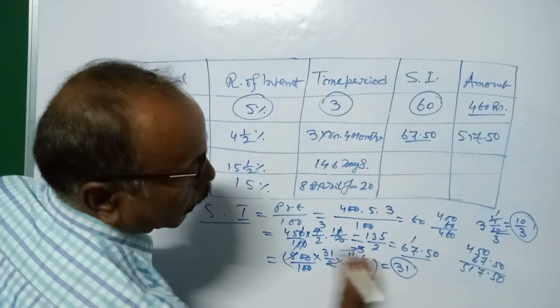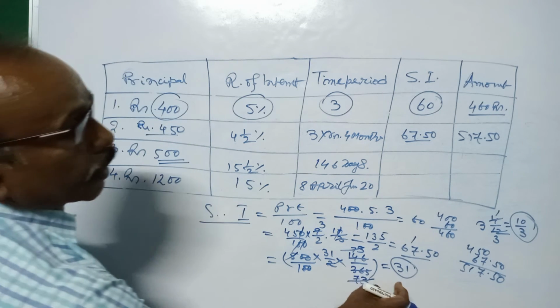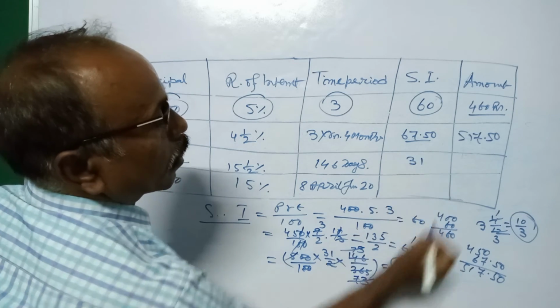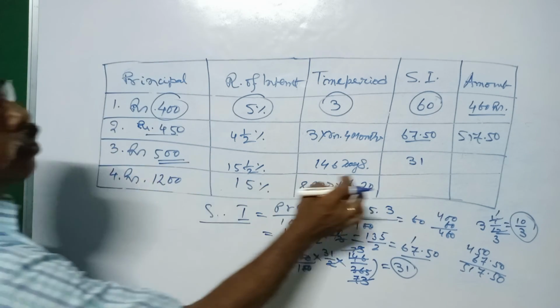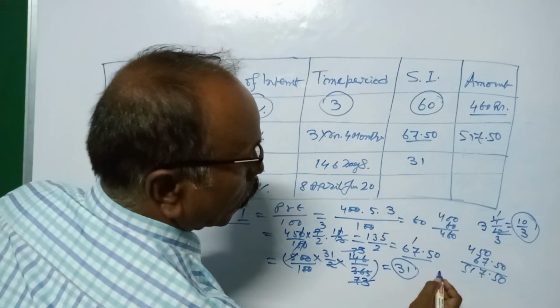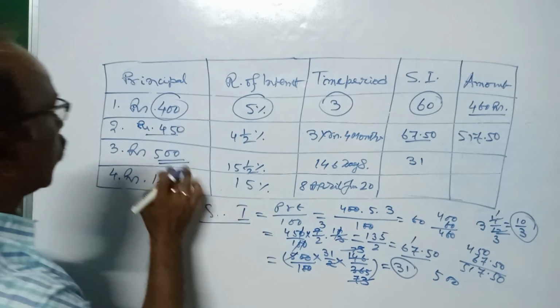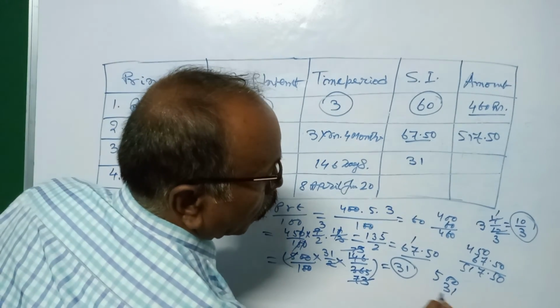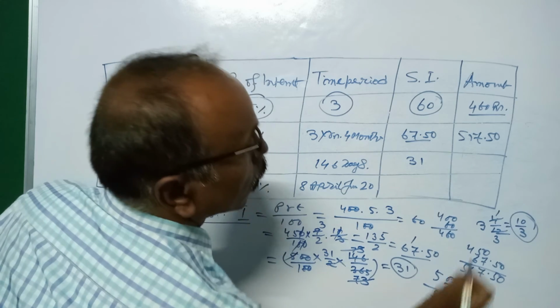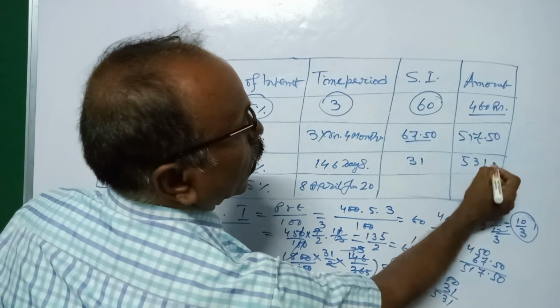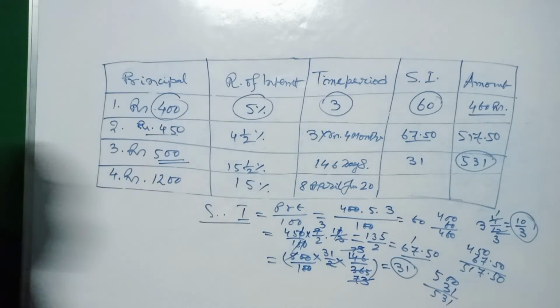My dear student, you see 31 is simple interest. Now total amount will be 500 plus 31, 531. 531 is the amount. Am I clear?